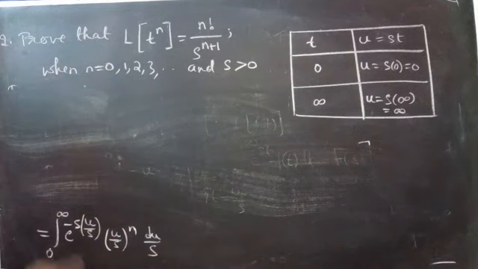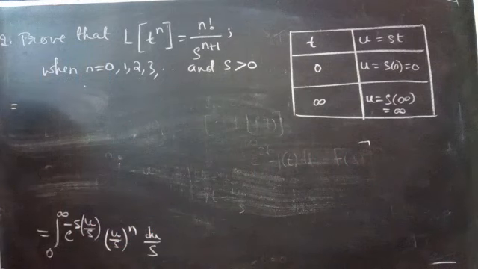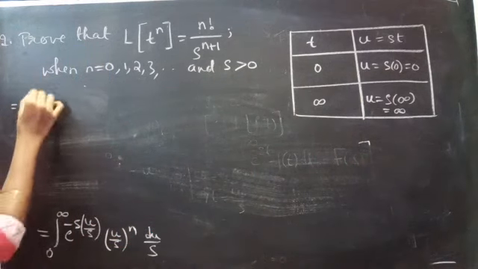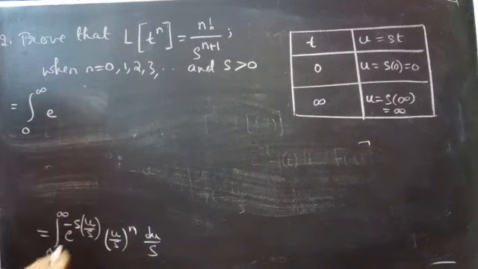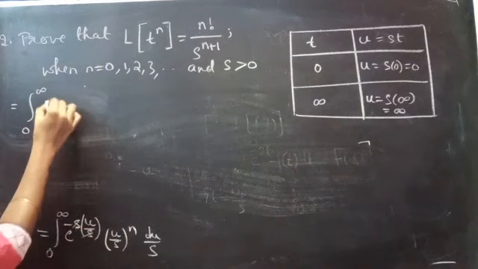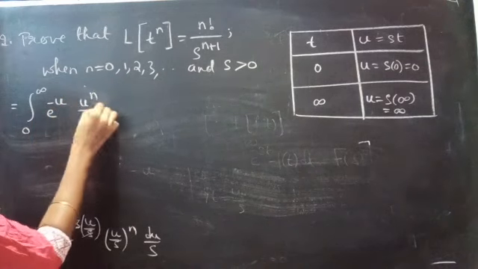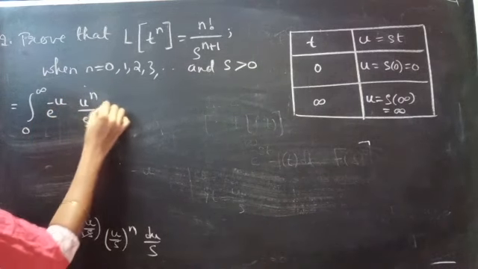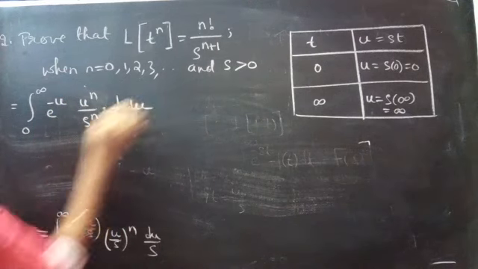Okay. So this is equals to integral from 0 to infinity e power s gets cancelled. Then you'll get minus u into u power n by s power n into 1 by s into du.